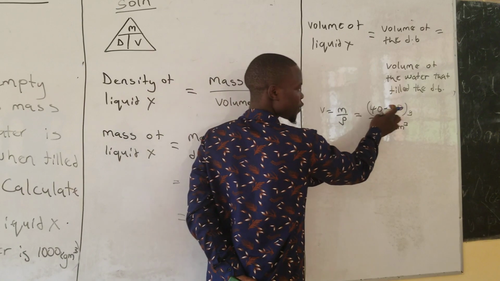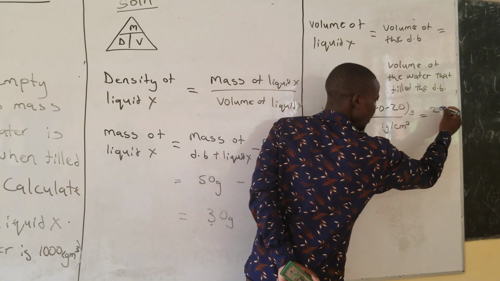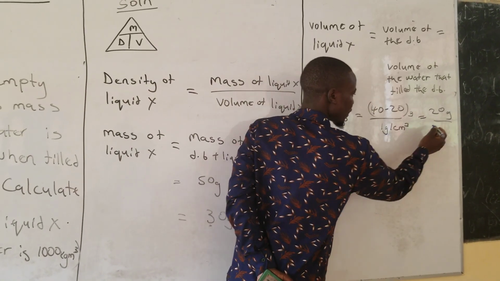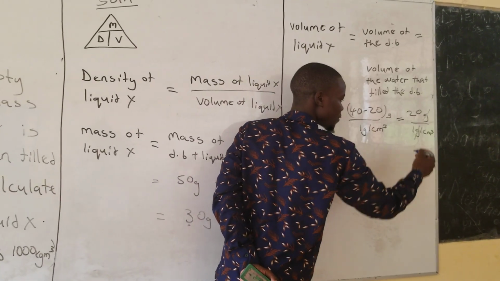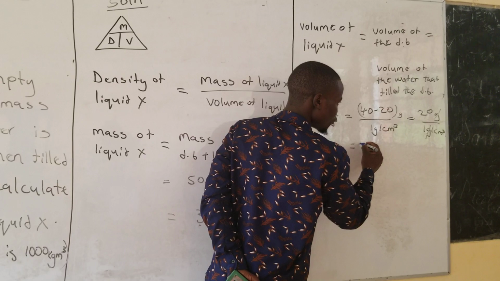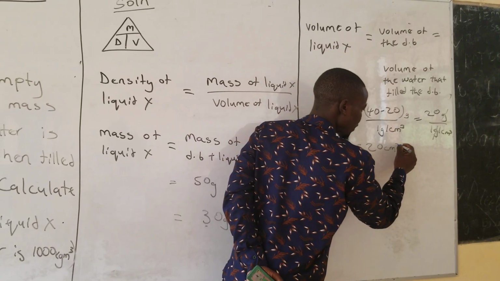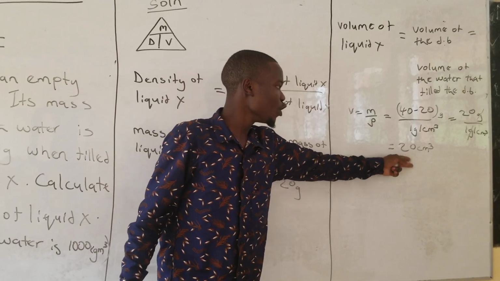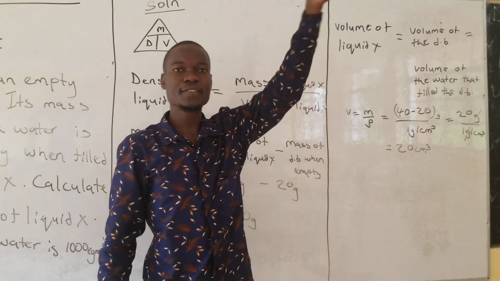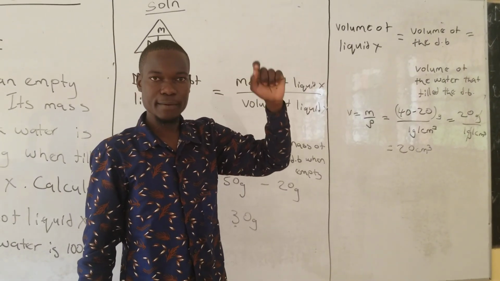So we realize that 40 minus 20, that is giving us 20 grams over 1 gram per cubic centimeter. Grams and grams, they cancel each other, and I'm going to be left with 20 cubic centimeters. So 20 cubic centimeters, this is the volume of water that filled the density bottle.